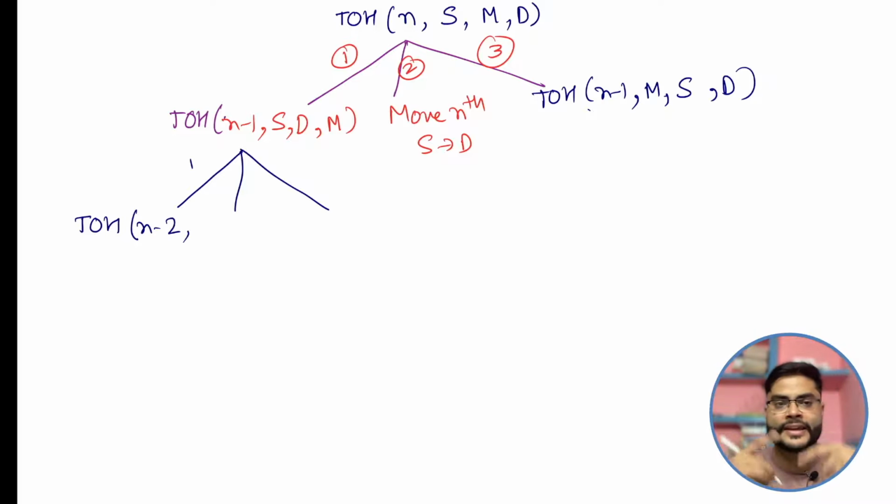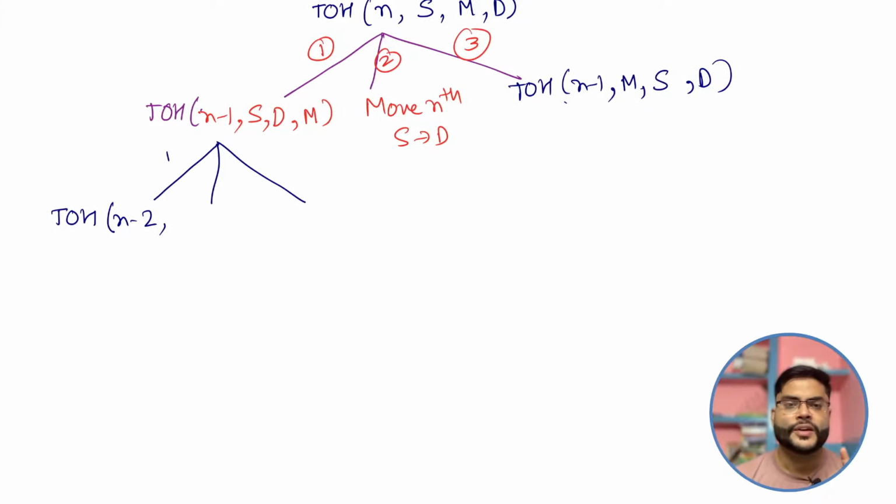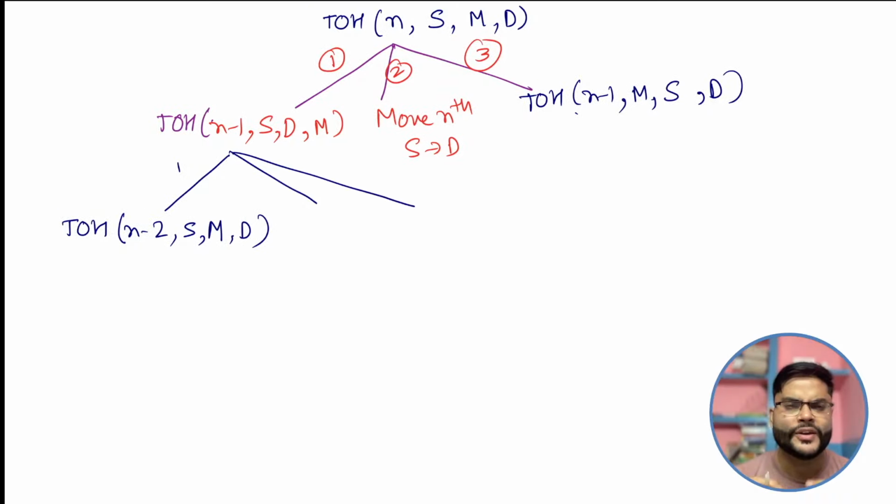Every time I will keep on decreasing it. My source will remain the same. In the above call, my destination was middle, so now it will interchange. My destination will be D only, and M will act as our middle rod. You understood it?